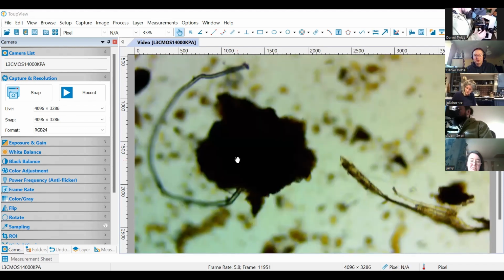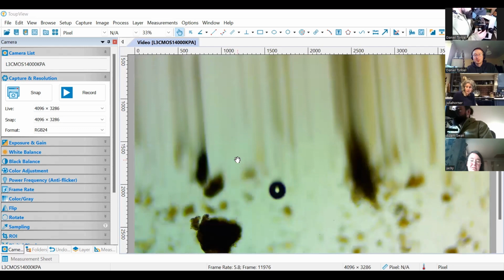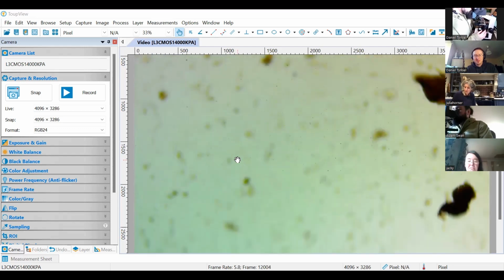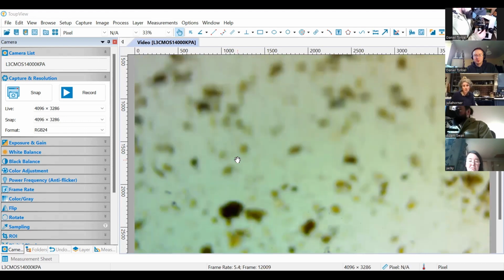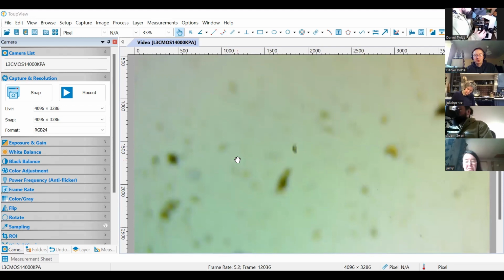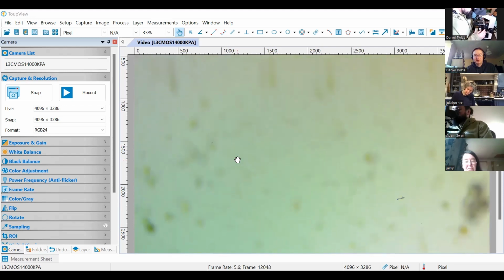And then if we want to count bacteria, we will dilute the sample because there's just too many things to look at at this dilution rate. Then we would count bacteria, bearing in mind the dilution factor that we have used.